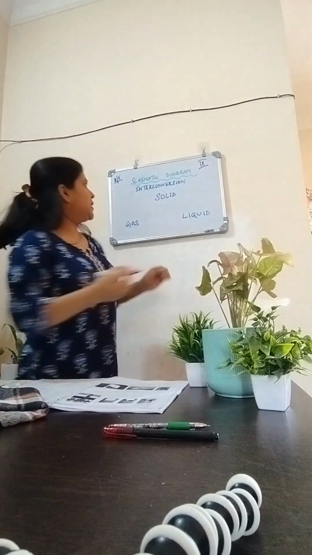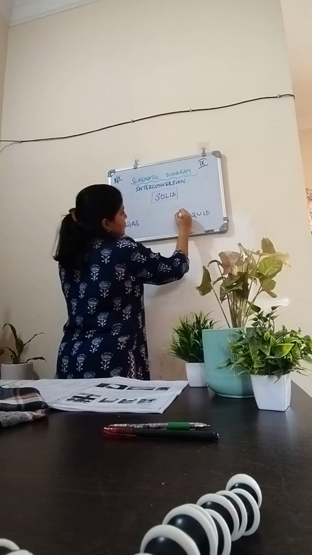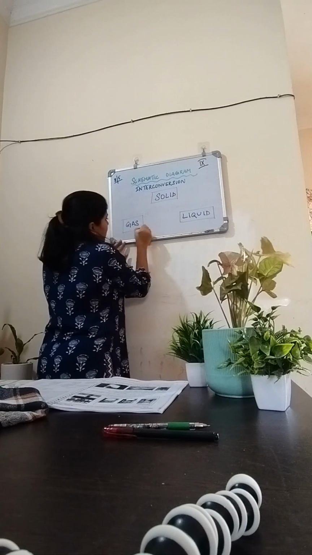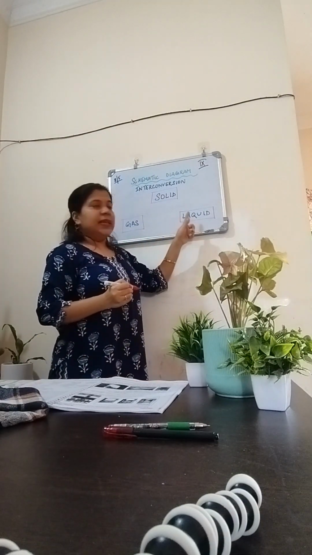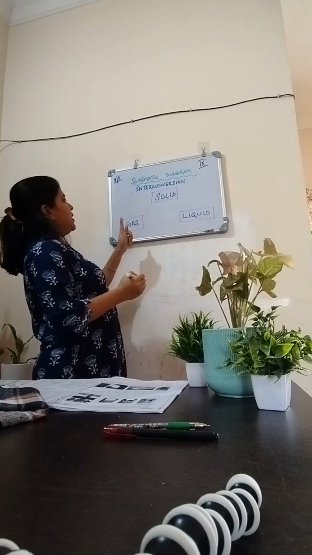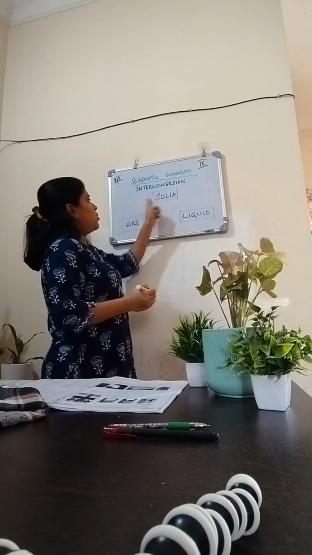Now in these three states of matter, we have six processes involved, which means it's a two-way process. That means solid can get converted to liquid, liquid to solid, liquid to gas, gas to liquid, gas to solid, solid to gas.